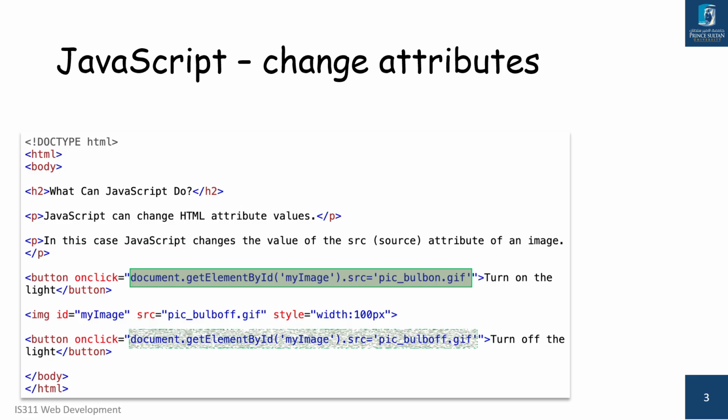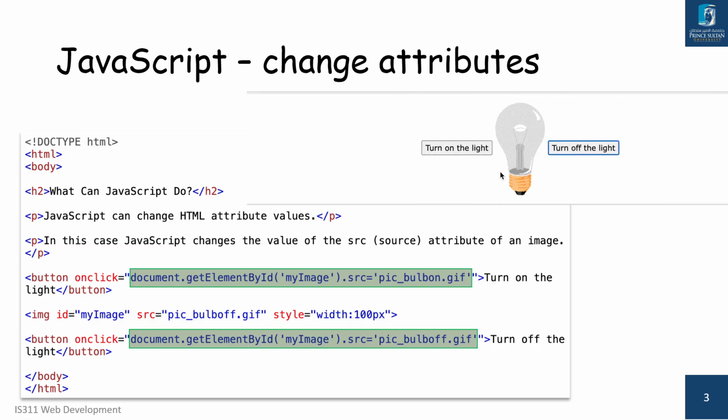Okay, so here are these two buttons with simple JavaScript. What I am saying here is that inside this HTML document, find an element with the ID name my image, and then change its image source to pic_bulb_on.gif, and pic_bulb_off.gif.